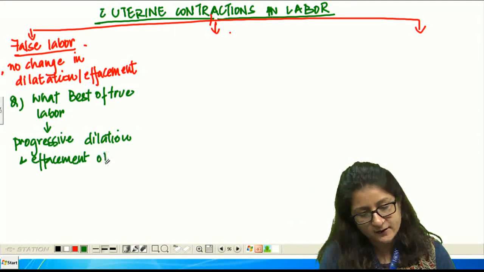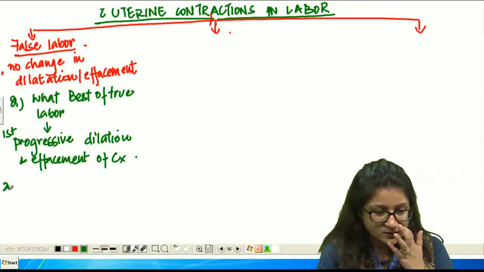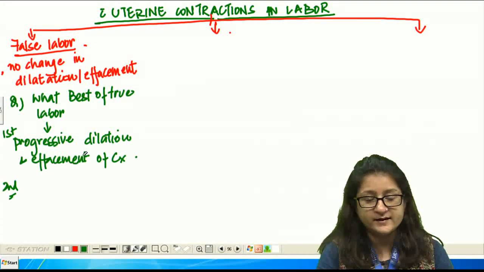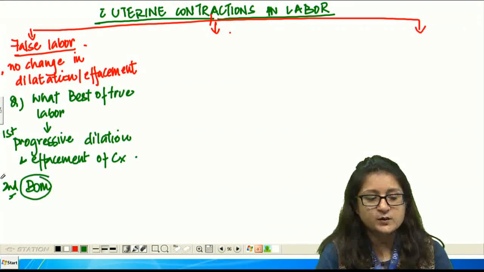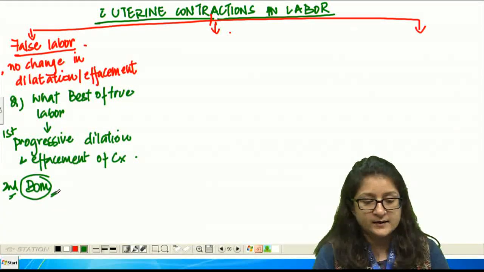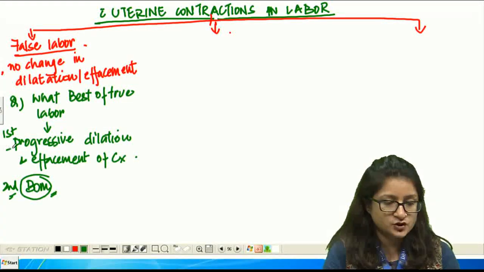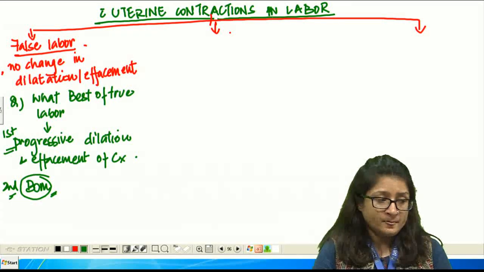That is the best sign of true labor. So this will be the first answer. If this is not in the options, then progressive dilatation and effacement ultimately will lead to bag of membranes. So this will be your second choice, okay? So the first choice would be progressive dilatation and effacement of cervix.